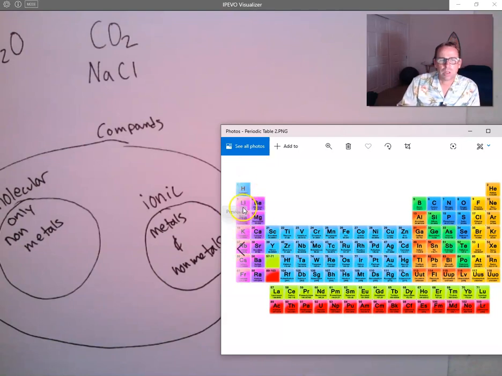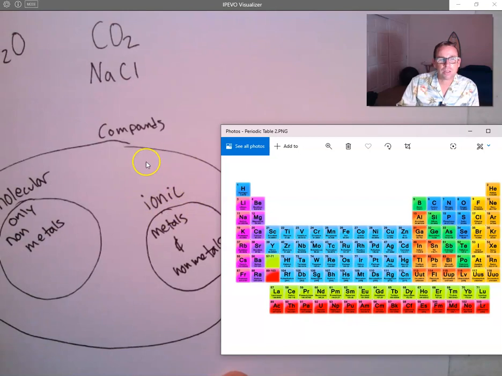Is sodium a metal or a non-metal? Here's number 11, sodium. Is it on the right side or the left side of the staircase? Oh, left side, so it's a metal. Very good. So that means we know right away sodium chloride must be what kind of a compound? Ionic. Very good. It's an ionic compound.